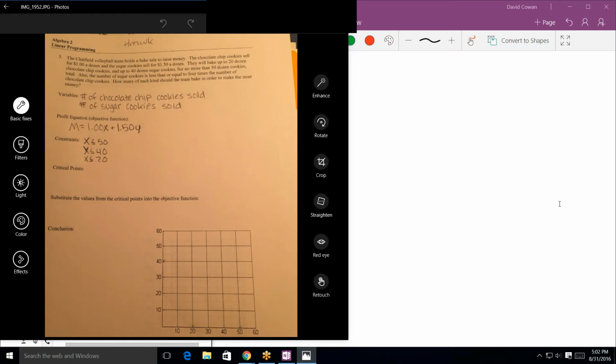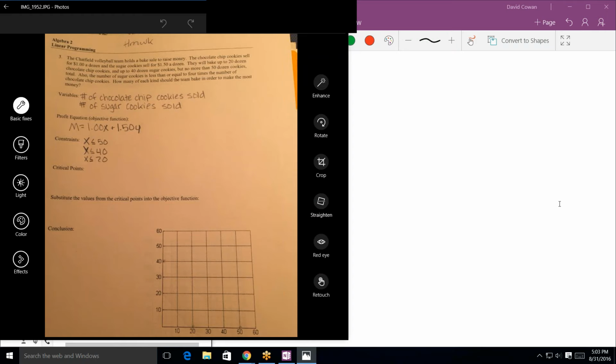What you end up with in linear programming is something called an objective function, which in this particular problem is the profit. Let's see, the one sells for $1, the other sells for $1.50, but that's not actually the profit.